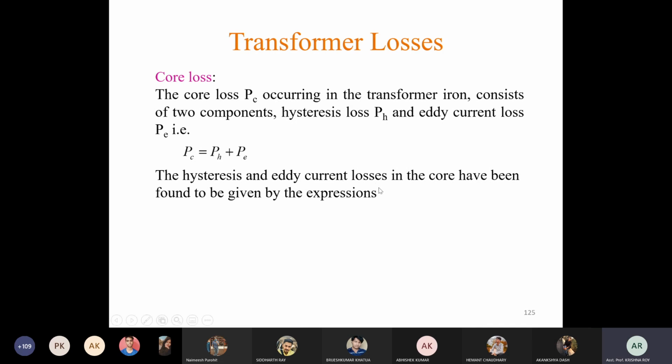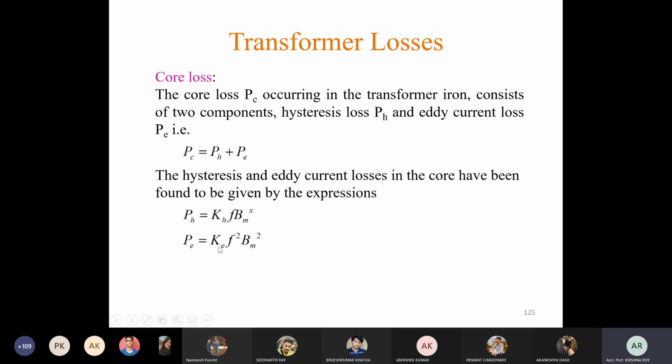The hysteresis and eddy current losses in the core have been found to be given by the following expressions. This is an empirical formula. Here kh is some constant, f is frequency of reversal of the hysteresis loop, and Bm is the maximum flux density, and the exponent x is some constant known as the Steinmetz constant.